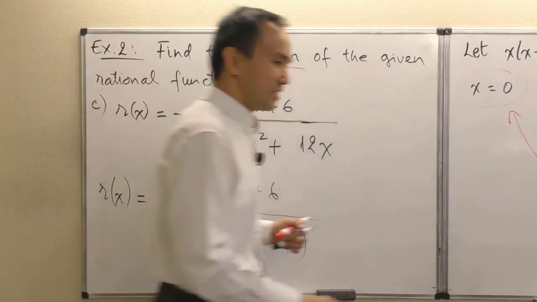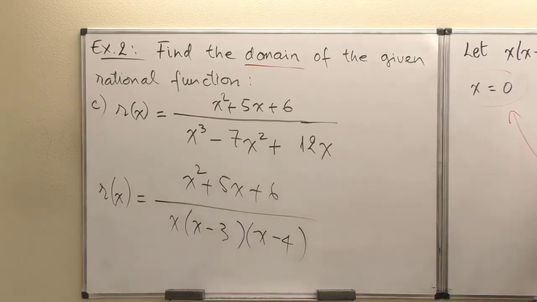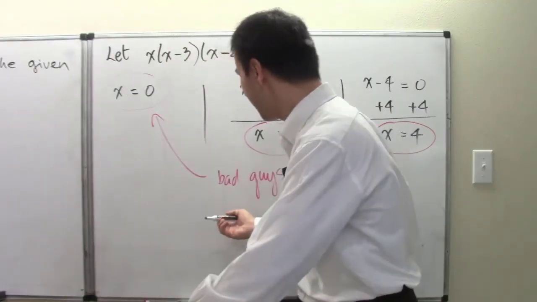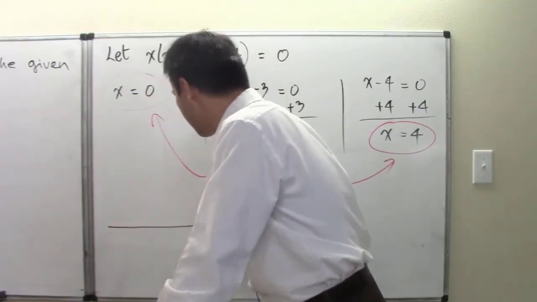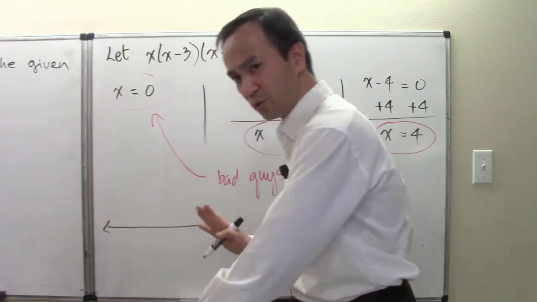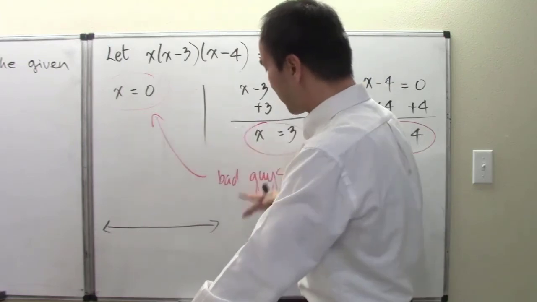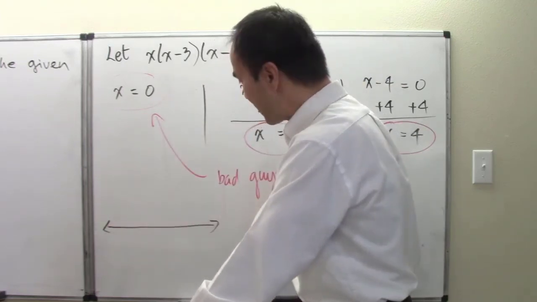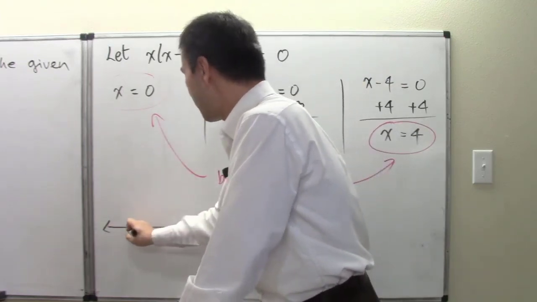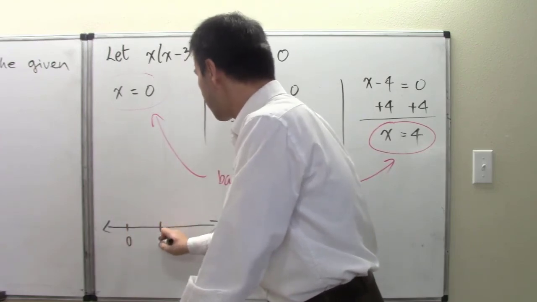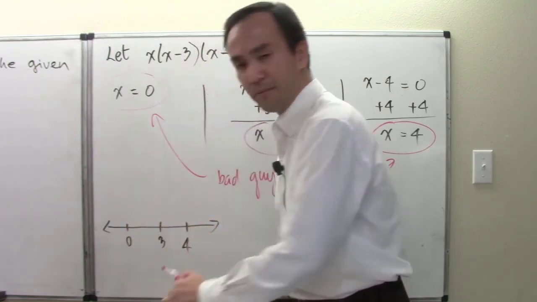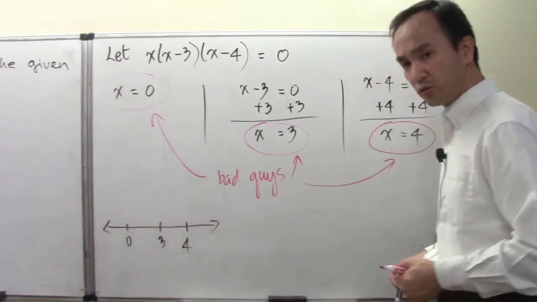Now I am going to draw the number line. We found 3 bad guys, increasing from left to right, because this is the line of real values. So 0 is one spot, 3 is another one, and 4 is another one. We found 3 zeros.